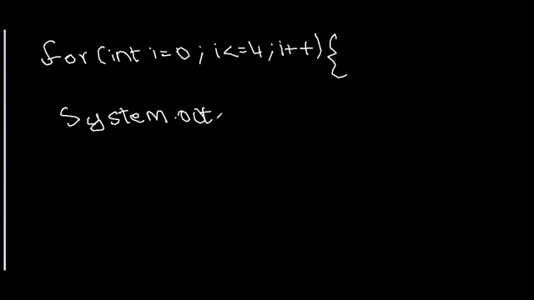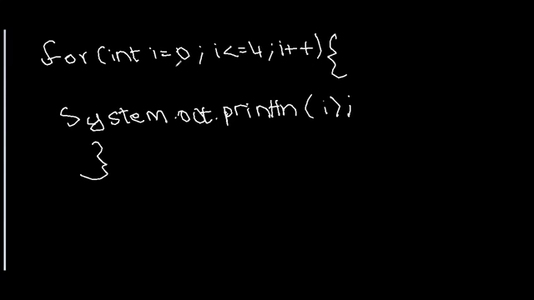I know this is a bit tedious, writing this one line to print something, but what to do. It looks really simple, and trust me, it is. You're printing the value of i.